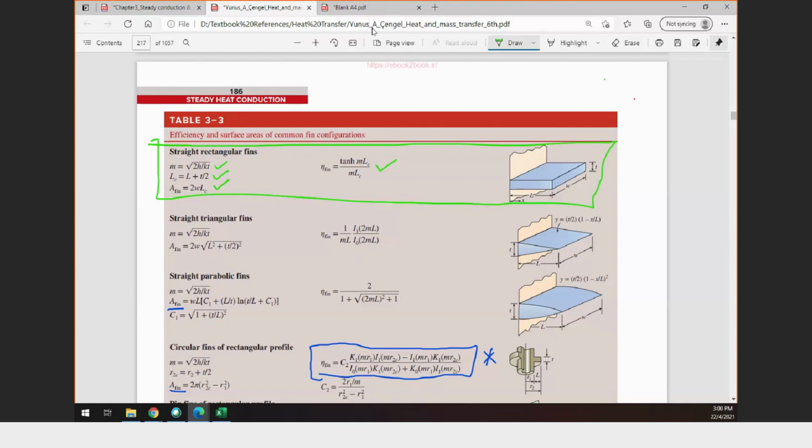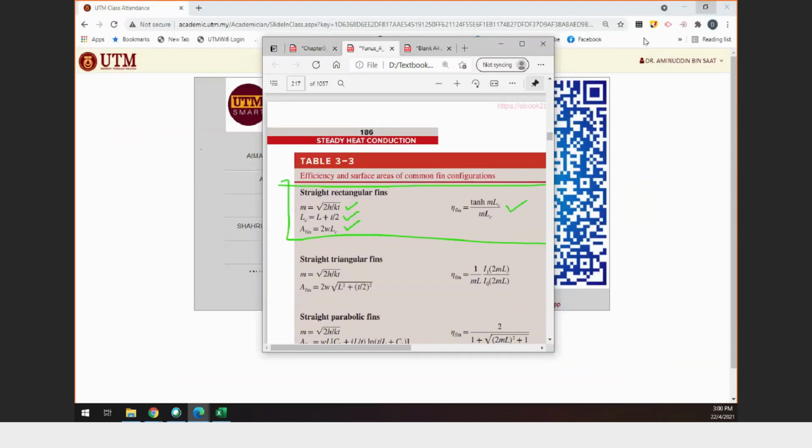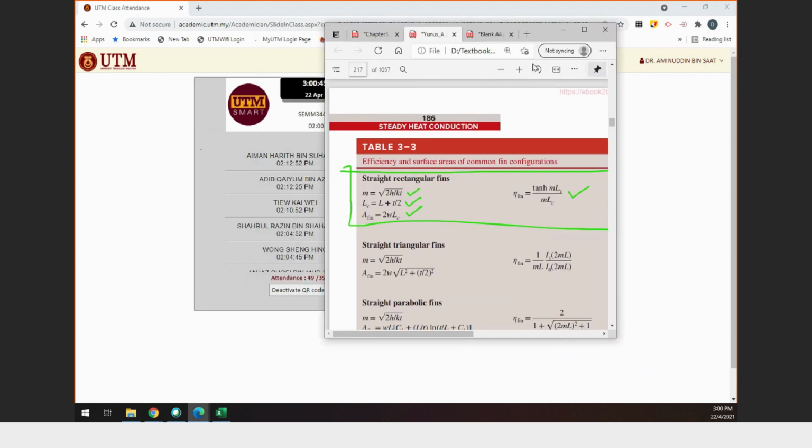How to? I also do not remember this equation. That is the reason why this course is open book, because there are so many equations, and I believe no one can remember them.